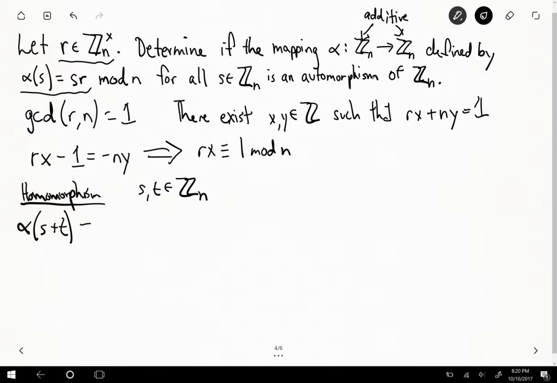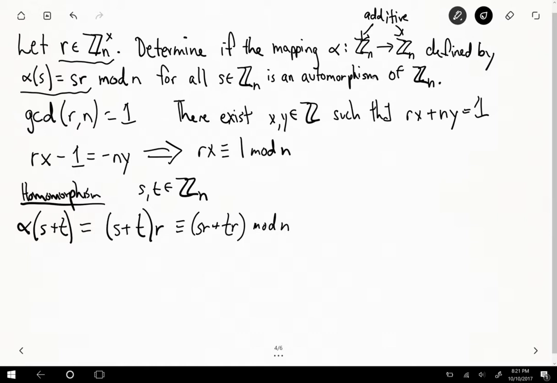So what does this equal? Well, this equals s plus t times r. Now I could put the mod n, but I'm just going to continue this. And so this is equivalent to sr plus tr mod n.